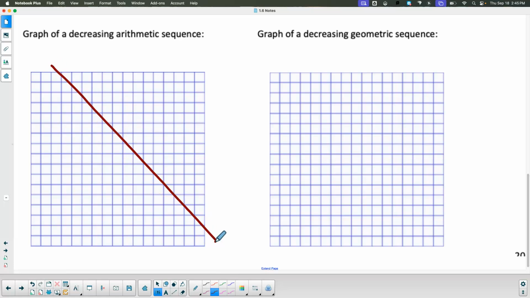It's a straight line that's going down and to the right. What kind of a slope would it have? It'd have a negative slope. A decreasing geometric sequence would start rapidly declining, but then it would decline slower and slower and slower as it goes farther and farther out, because there's less to decline.